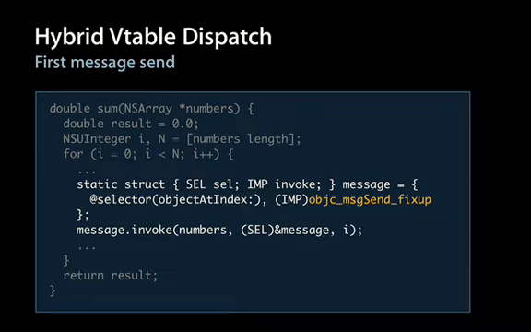For every unique message send in a program and across all the frameworks, there is a message structure generated by the compiler. It's static, and it contains two entries, the selector and a function to call to actually do the message send. First time it's called, the message send function is message send fixup.